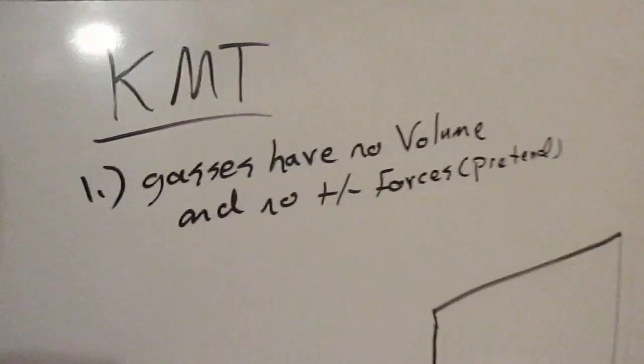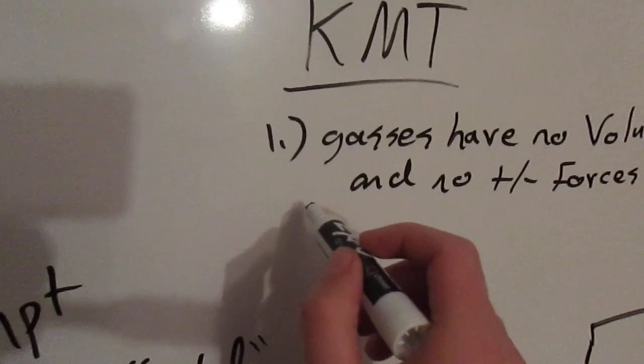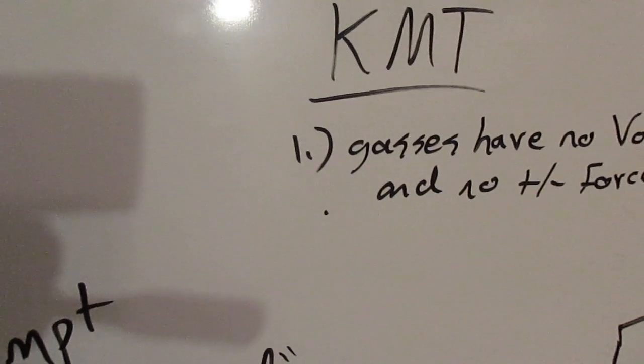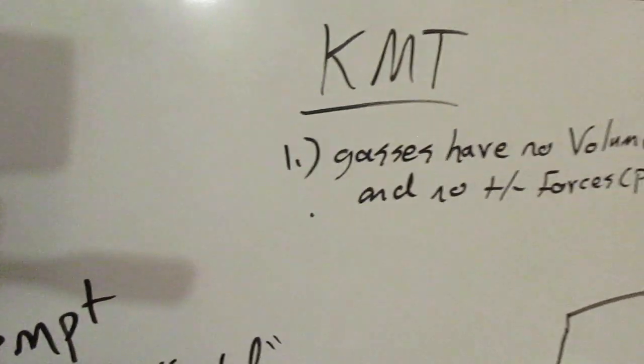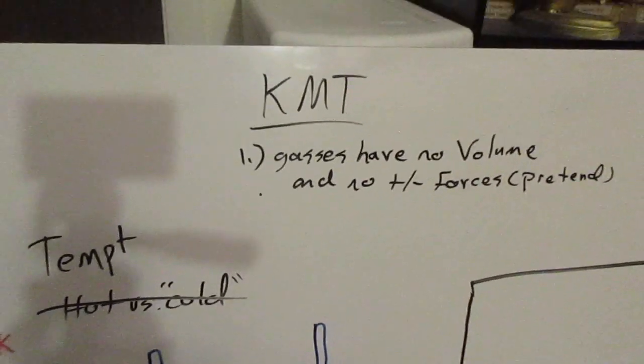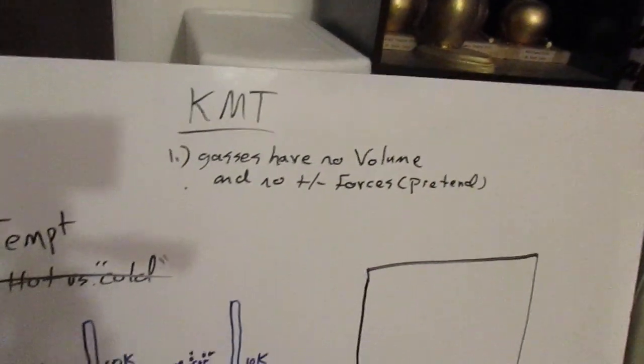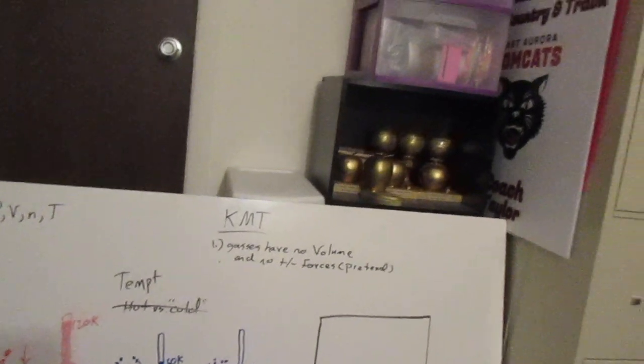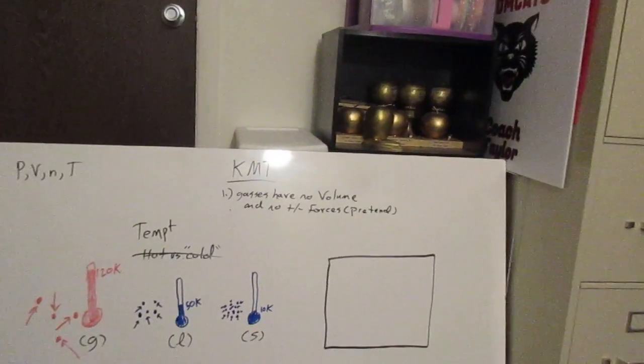We discussed in class that that's obviously impossible. If we have that dot, and you know gases are way, way smaller than that dot, it still has a volume. I could take this scope all the way out, to the point where you can't even tell where that dot is anymore. You can?